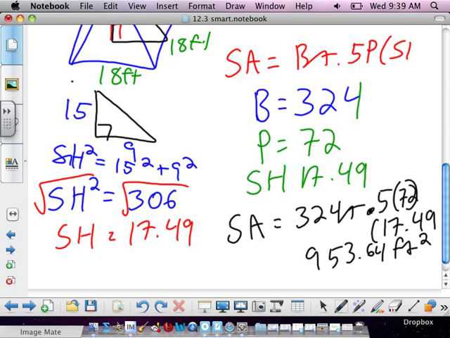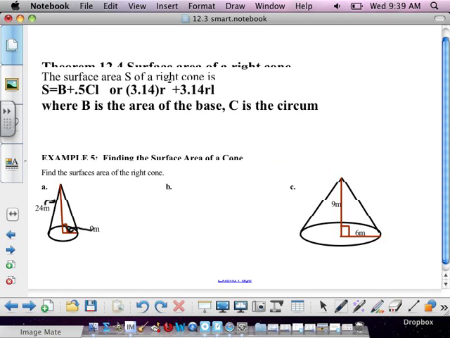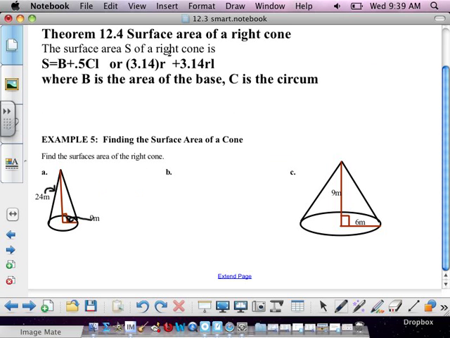All right, let's go to cones. We're going to do at least 1, maybe 2 cones. So we've got right here, surface area of a cone is pi r squared plus pi r times slant height.